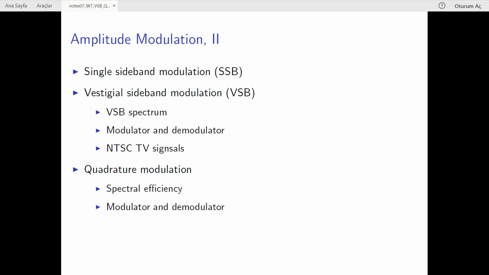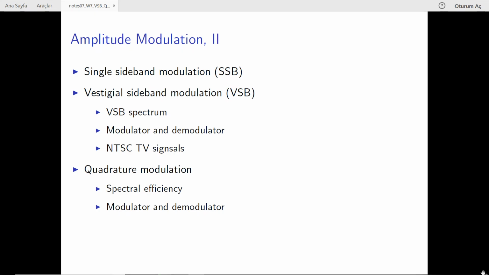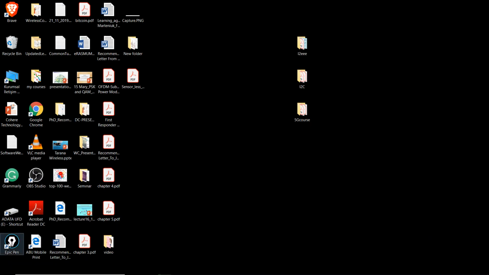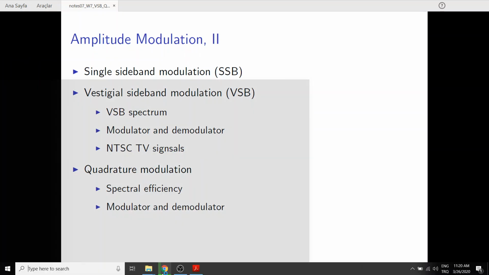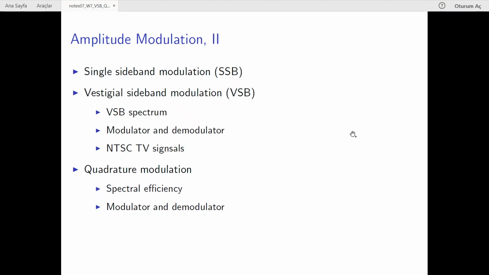In quadrature modulation, we'll explain how we can design the modulator and demodulator and see why this modulation is so desirable in communication systems. This is going to be a very important lecture, where much of the material is going to be included in the exams, and even in practical life you might encounter these things.